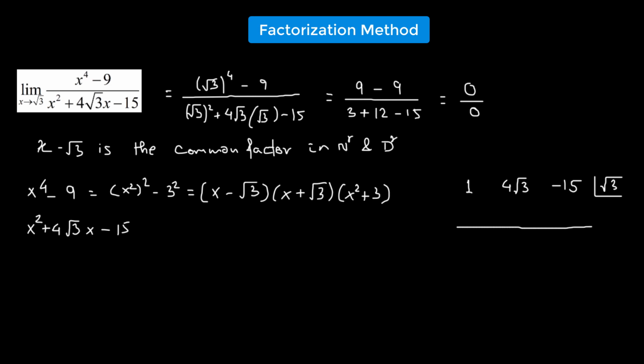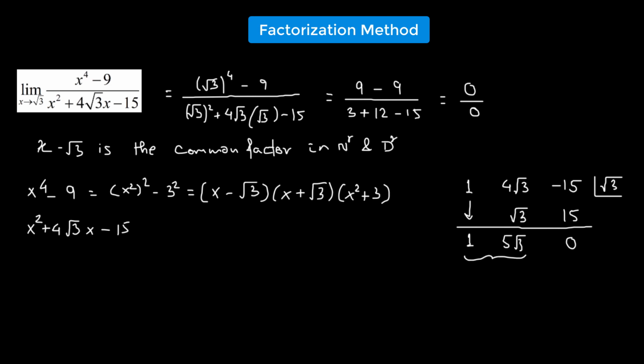So first thing first, we bring the value 1 right below. Then we're going to multiply 1 with square root of 3, so that gives us root 3, and we write it below 4 root 3, and adding down the column, that gives us 5 root 3. Now we multiply 5 root 3 by the square root of 3, so that will be simply 5 times 3, which is 15. So we have a positive 15, and we write it below negative 15. Adding down the column gives us 0, meaning that the remainder is 0.